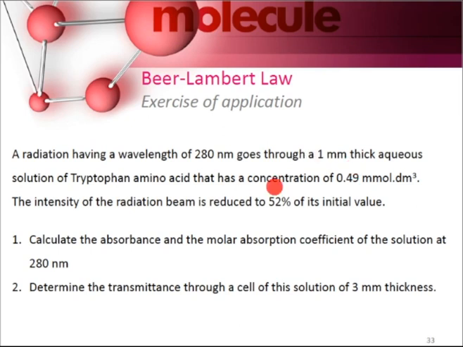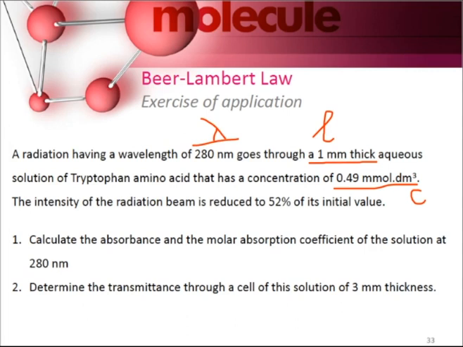The concentration of this amino acid is 0.49 millimole per decimeter cubed. So now if you look at this, let me write things a bit. Here we have L, and here we have C, and here we have lambda, right?